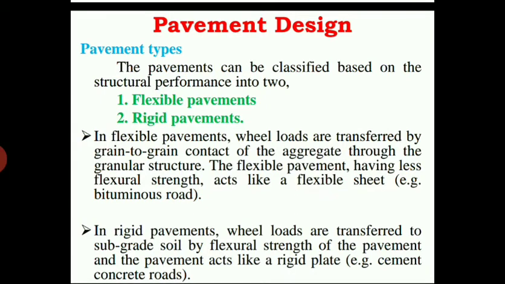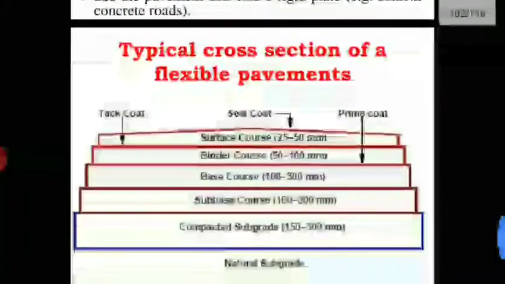Flexible pavement is specially constructed by using bitumen material, where the binding material is bitumen, whereas the filler material is coarse aggregate, right? But whatever the wheel loads will be there, those wheel loads are transferred by grain to grain contact. You can see the different layers here.